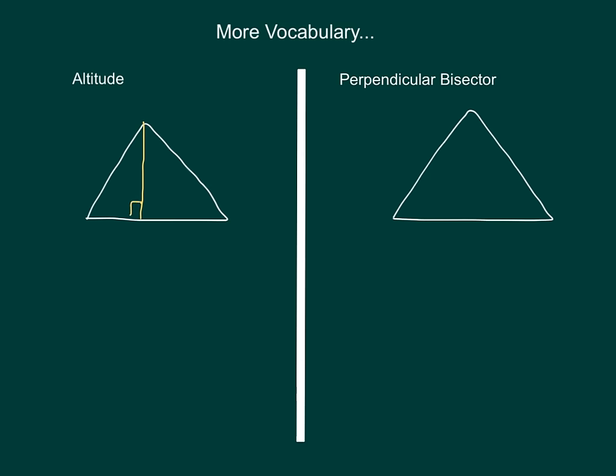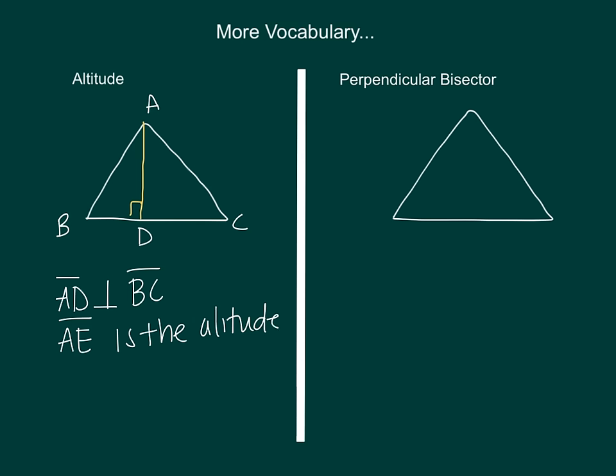So if I label my triangle, we can say that this is A, B, C, and D. Okay, so I know that segment AD is perpendicular to segment BC because segment AE is the altitude from angle A to segment BC.